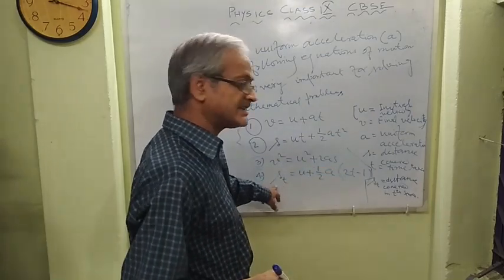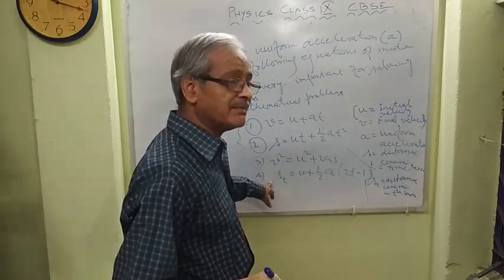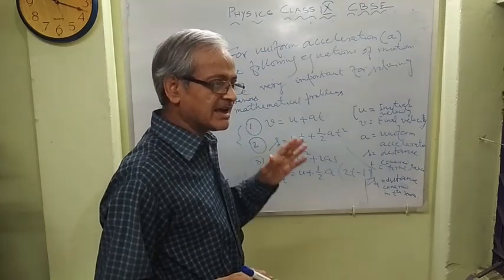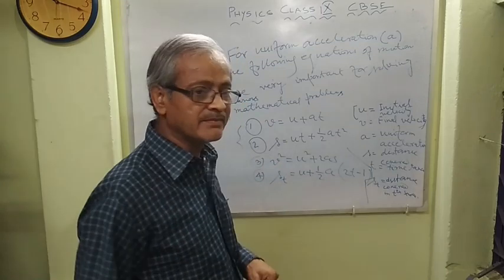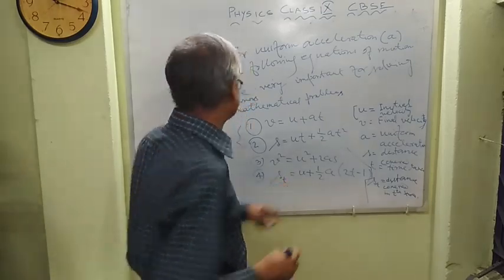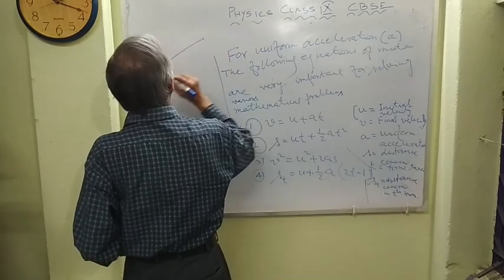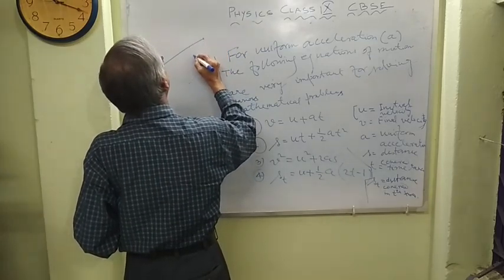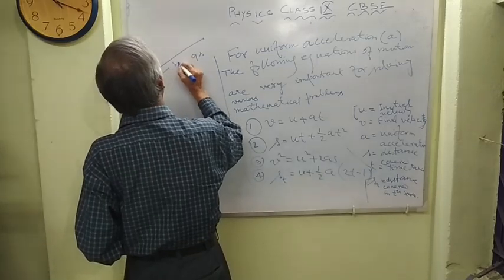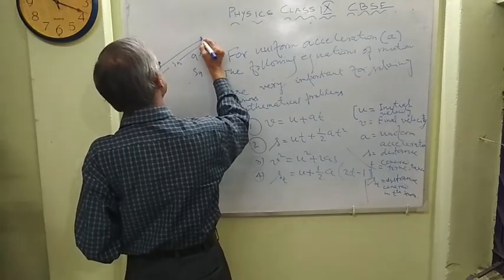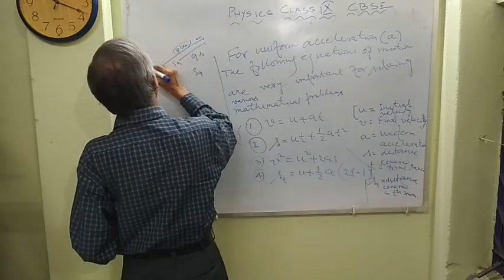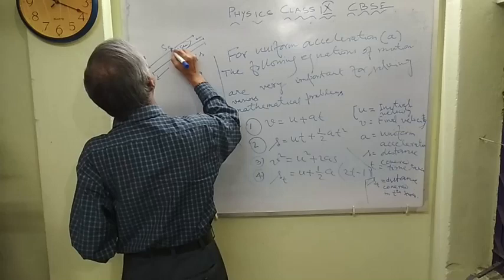Now, what is the distance covered in the t-th second? That is the total distance covered by the moving particle or body in t seconds, minus the total distance covered in t minus 1 seconds, which is equal to s_t. For example, consider 9 seconds and the displacement is s9, and just before 1 second, that is 8 seconds, the distance covered will be s8.